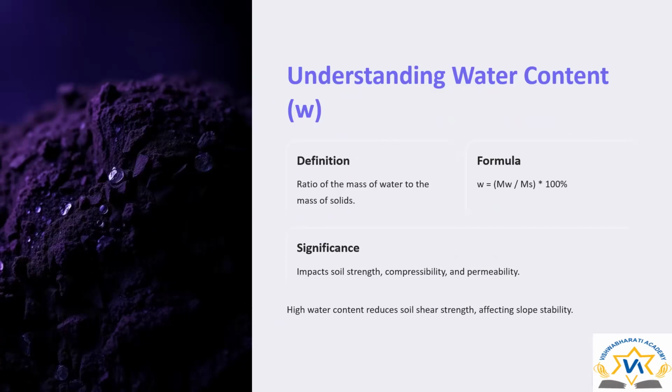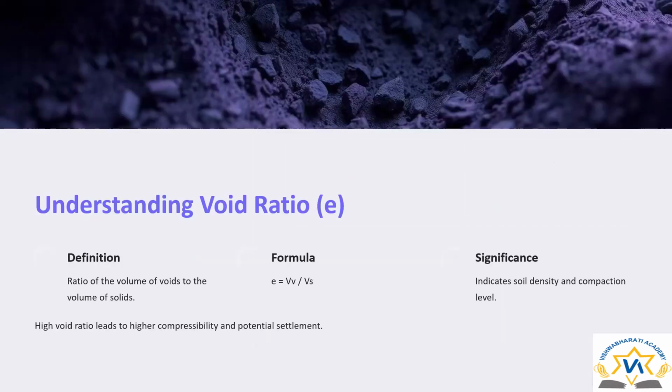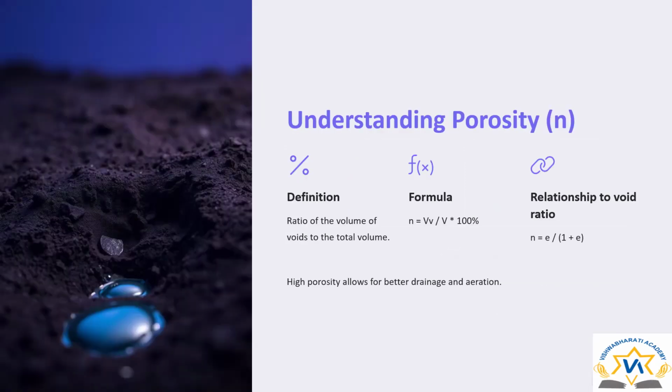The formula for porosity is small n is equal to Vv upon V into 100.